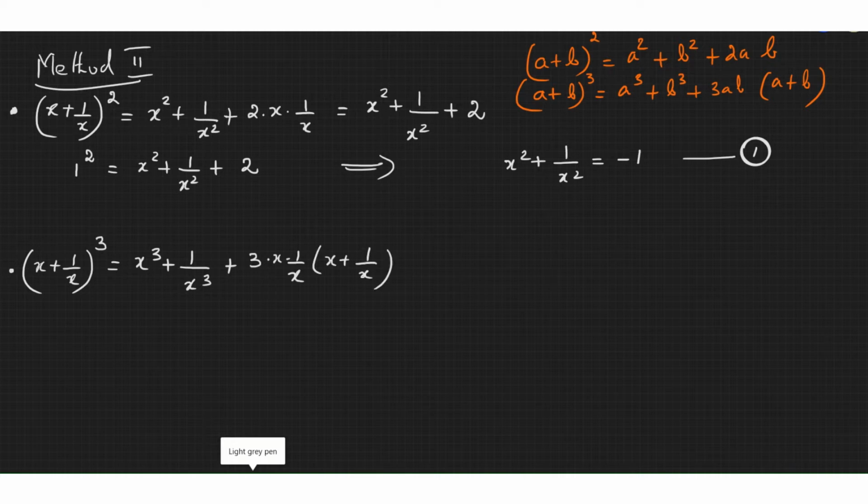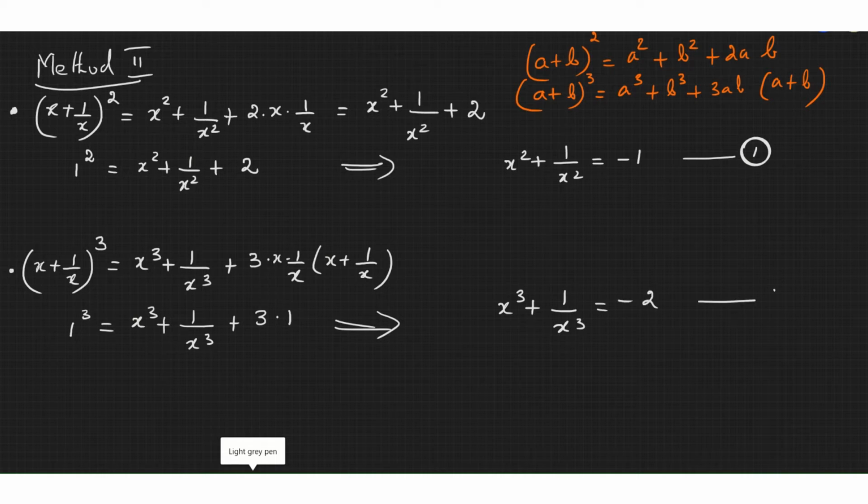By taking x plus 1 by x the whole cubed as 1 cubed, I get this to be x cubed plus 1 by x cubed plus 3 times, where x times 1 by x is 1, or in other words, I am getting my x cubed plus 1 by x cubed equal to 1 minus 3, which is negative 2.